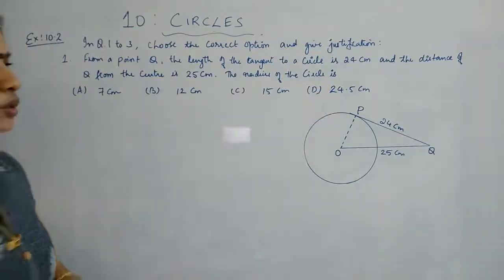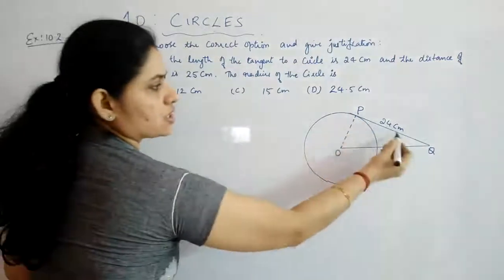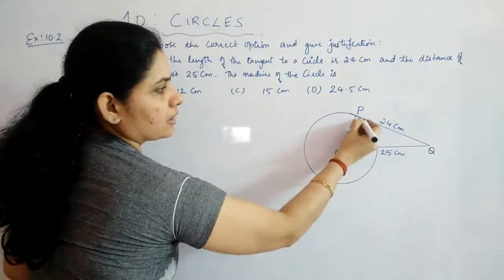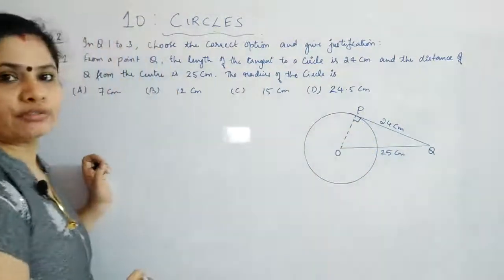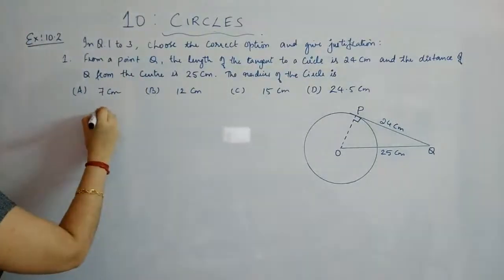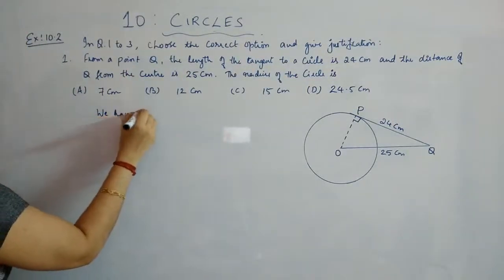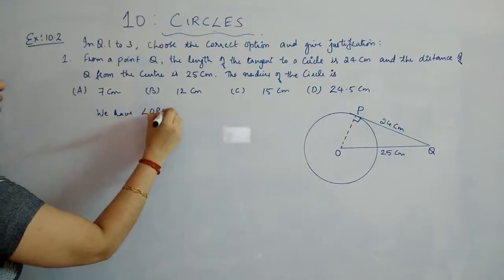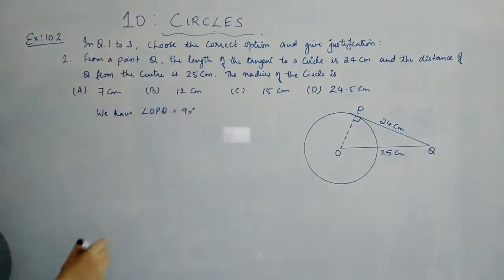So the thing which you know is the tangent and the radius will make 90 degrees at the point of contact. That means we have angle OPQ is equal to 90 degrees. So you can use Pythagoras theorem for that.